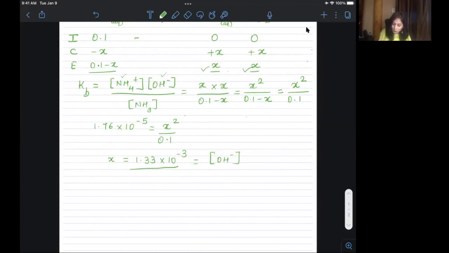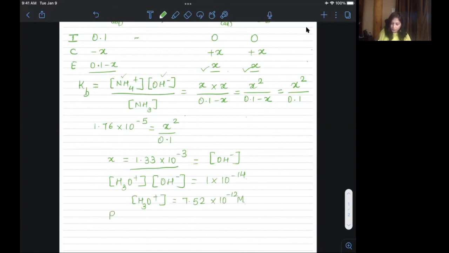We are going to now use the formula hydronium ion concentration multiplied by hydroxyl ion concentration is equal to 1 times 10 to the negative 14. You substitute the value of OH minus and your hydronium ion concentration comes to 7.52 times 10 to the negative 12.